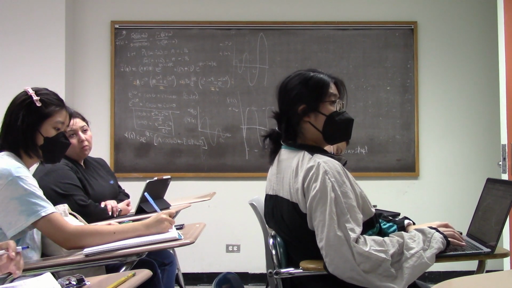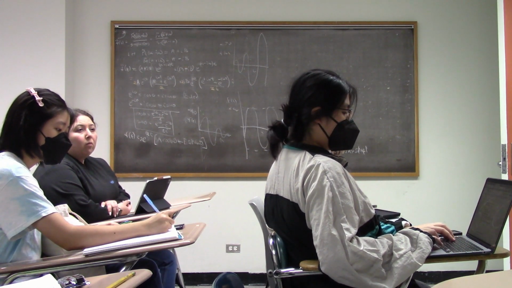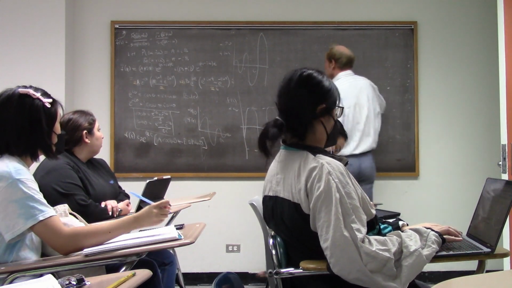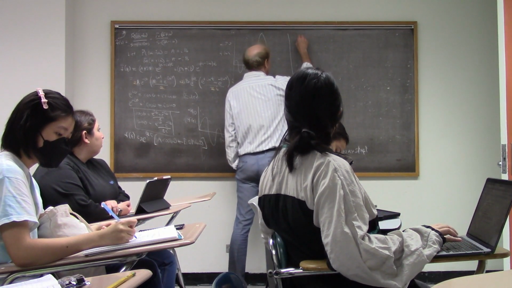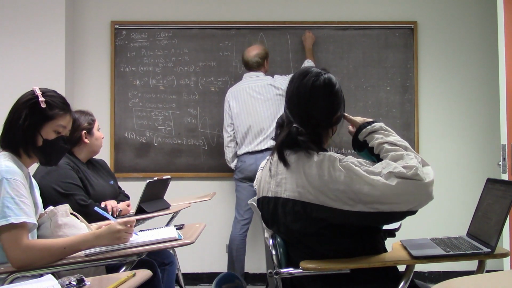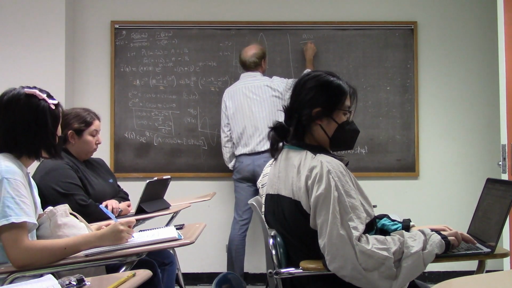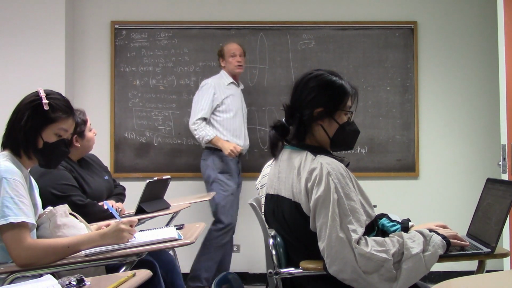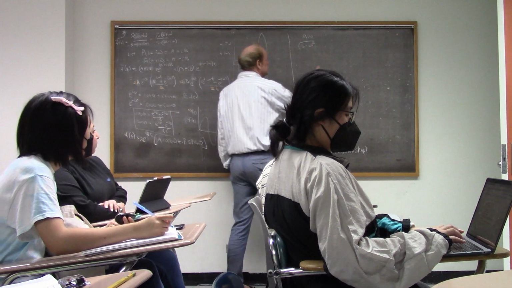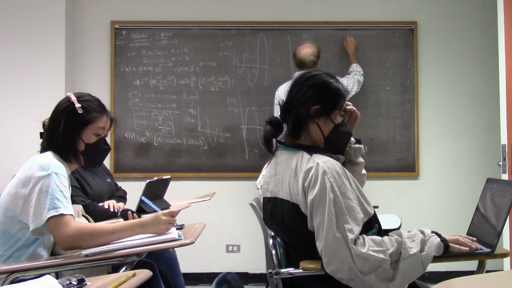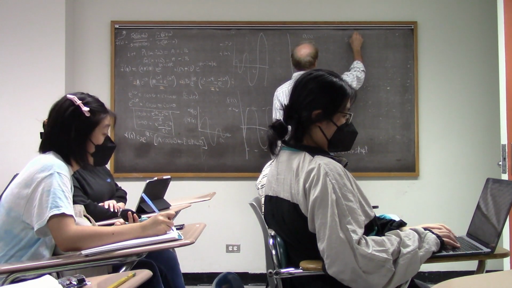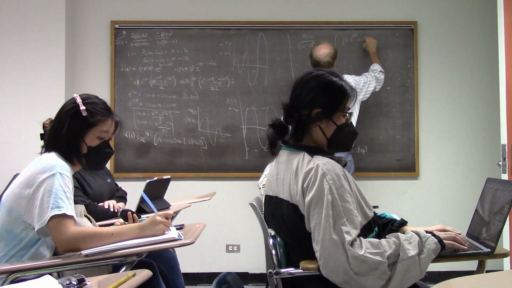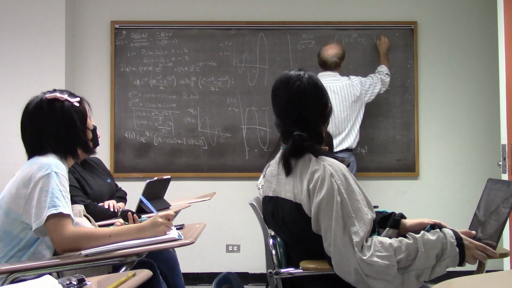If alpha is a double root, here I have, let's say, m tilde of s over s minus 0 squared. So it's a double root. So that means I'm going to have a term that looks like t e to the 0t, and another term with a coefficient times just e to the 0t.